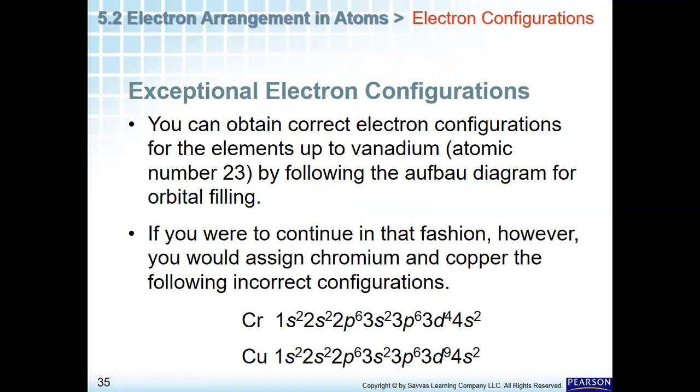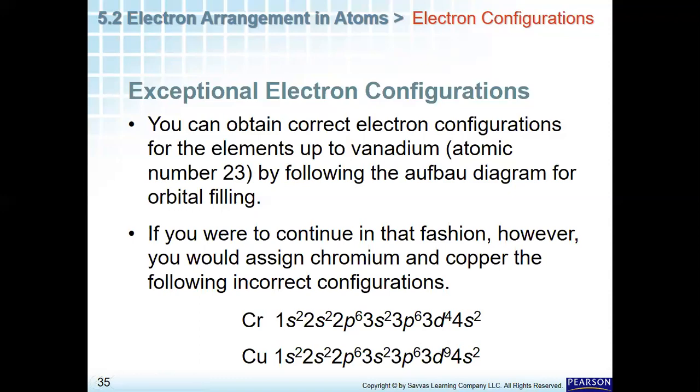But here we have two exceptional configurations, here you can see in chromium and in copper, because 4s2 and 3d4 is what I would get in the normal configuration for chromium. But the exception here is that 1 electron of 4s is going to jump to 3d in order to make it more stable by a half-filled electronic configuration, 3d5.